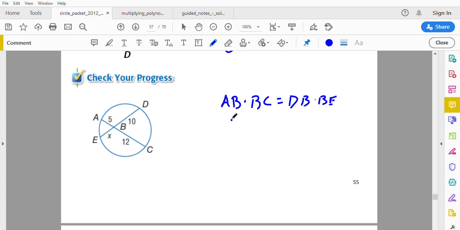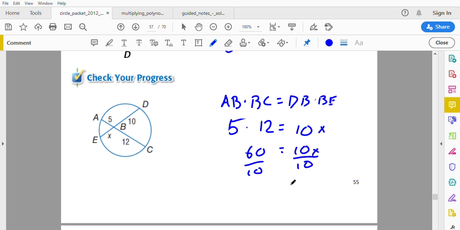So AB is 5, BC is 12, and that's equal to 10 times X. DB is 10, BE is X, okay? 5 times 12 is going to be 60, and let's divide by 10. I'll find that X is equal to 6. So again, 10 times 6 is 60, 5 times 12 is 60.